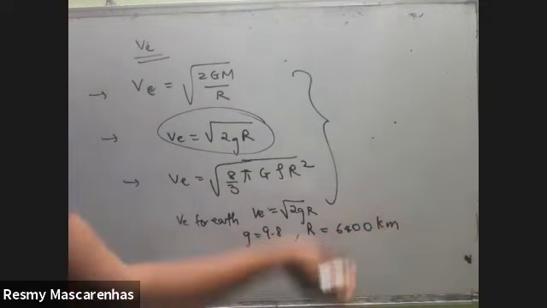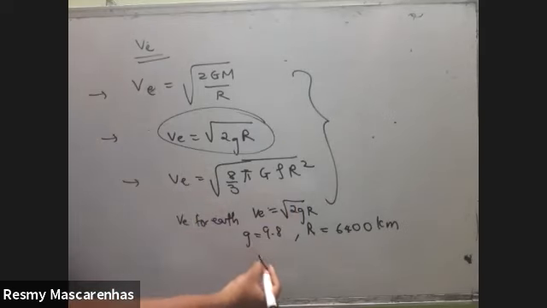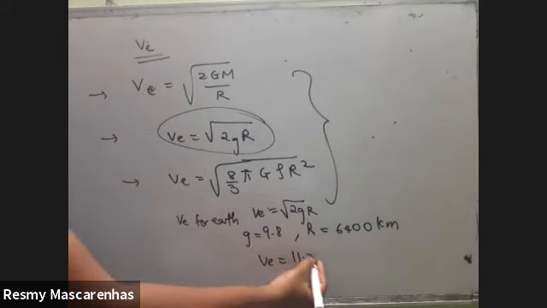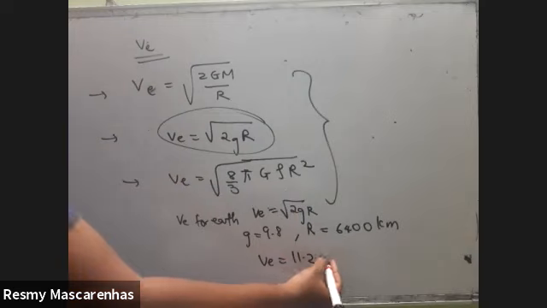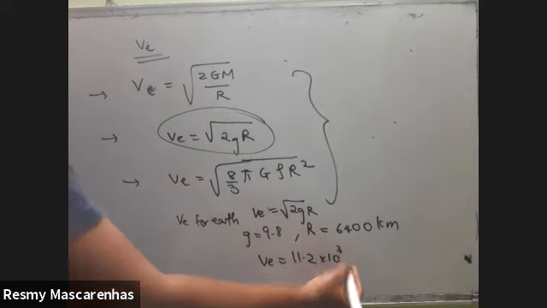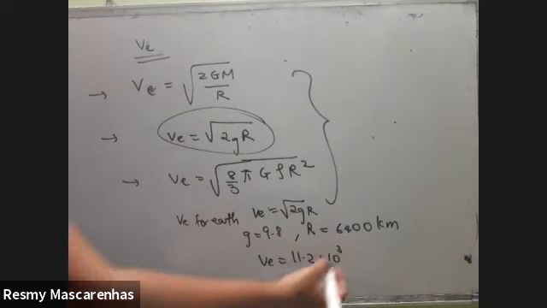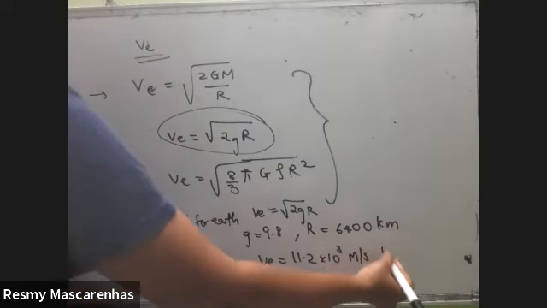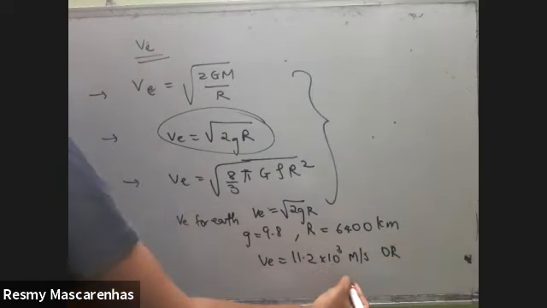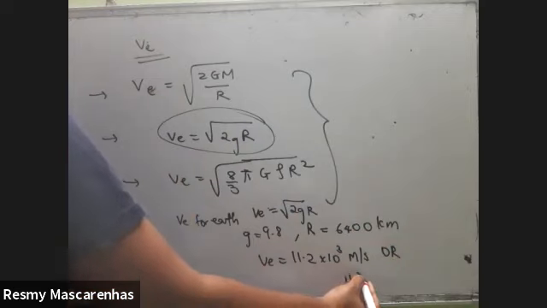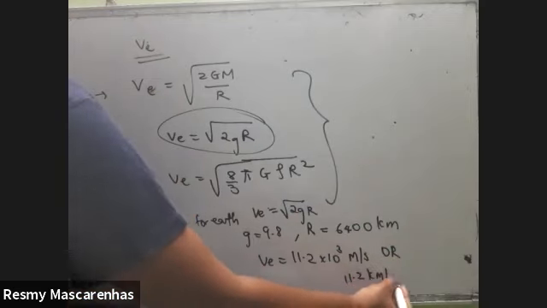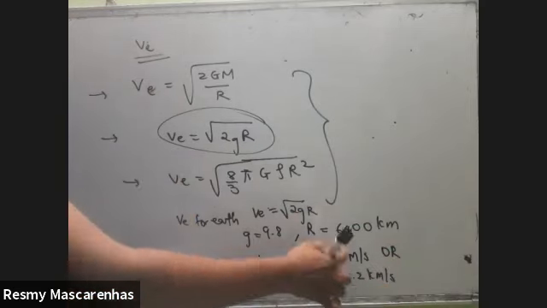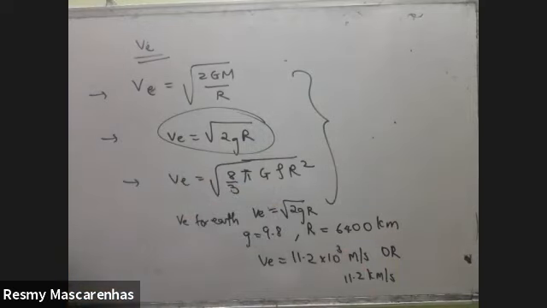If we substitute these values here, then we usually get 11.2 into 10 raised to 3 meters per second, or in terms of kilometers, it's 11.2 kilometers per second, because 10 raised to 3 meters means 1000 meters, nothing but 1 kilometer.